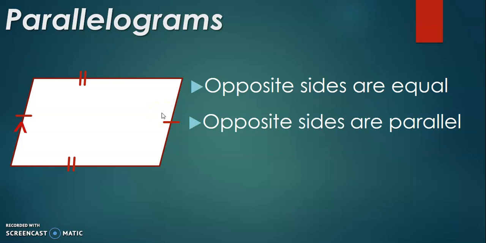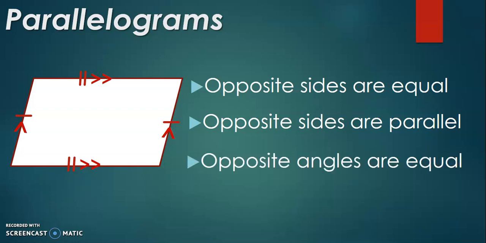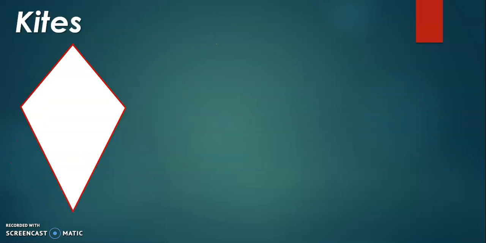Opposite sides are parallel: left and right are parallel, top and bottom are parallel. Now, because this shape is tilted, the angles cannot be 90 degrees. But remember the rhombus, opposite angles are equal. So again, color coded angles. These angles are equal.